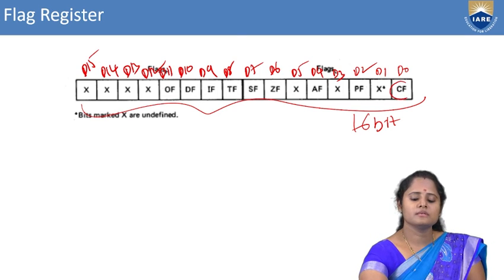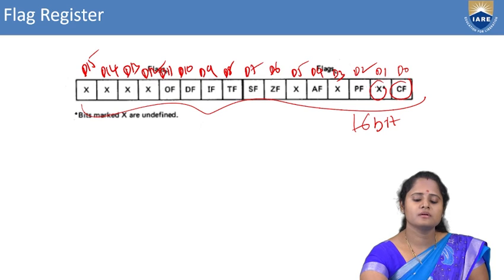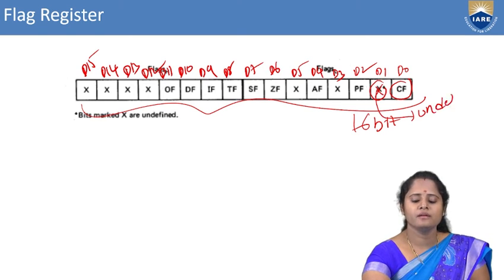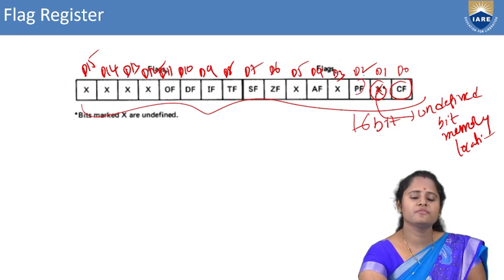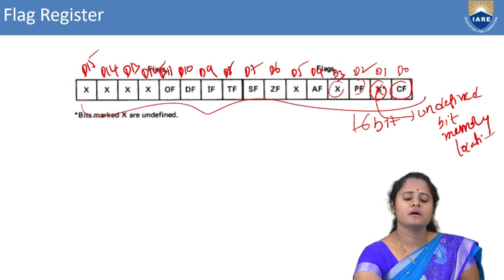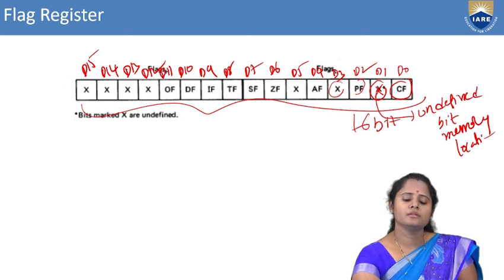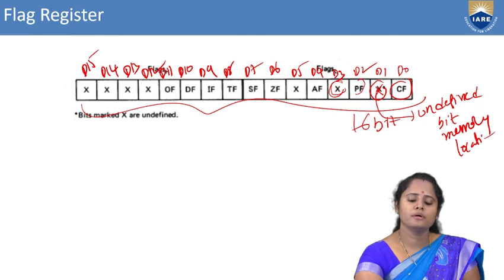First, D0 is CF, the carry flag, and D1 is marked with a cross, indicating it is undefined, meaning we are not using that bit location. Next, PF is the parity flag, and D3 is another bit which is not defined.